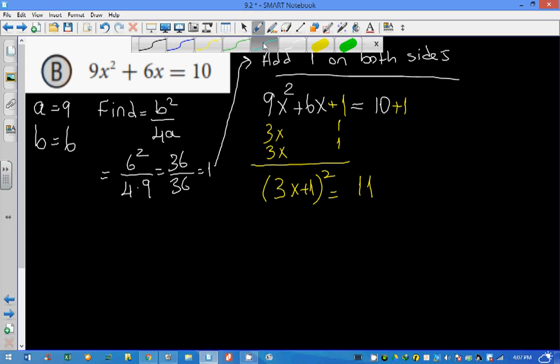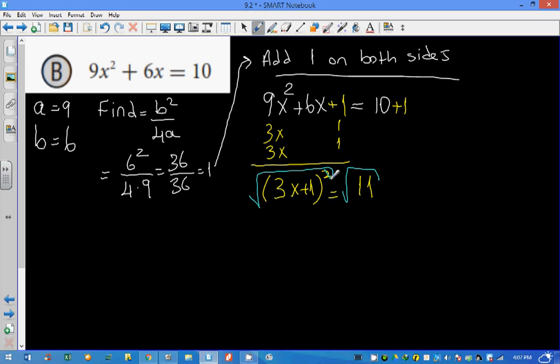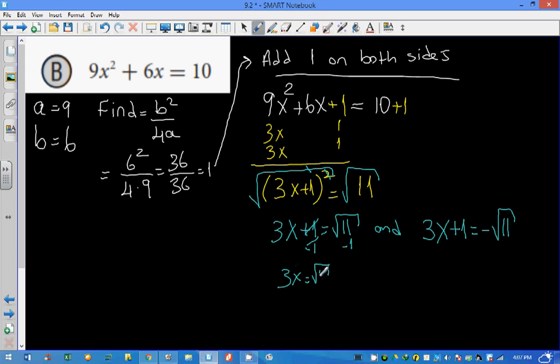Take a square root of both sides. So square and root cancel each other out. 3x plus 1 equal to root 11, and 3x plus 1 is equal to negative root 11. Minus 1 and minus 1, and it will be 3x equal root 11 minus 1 over 3 over 3.